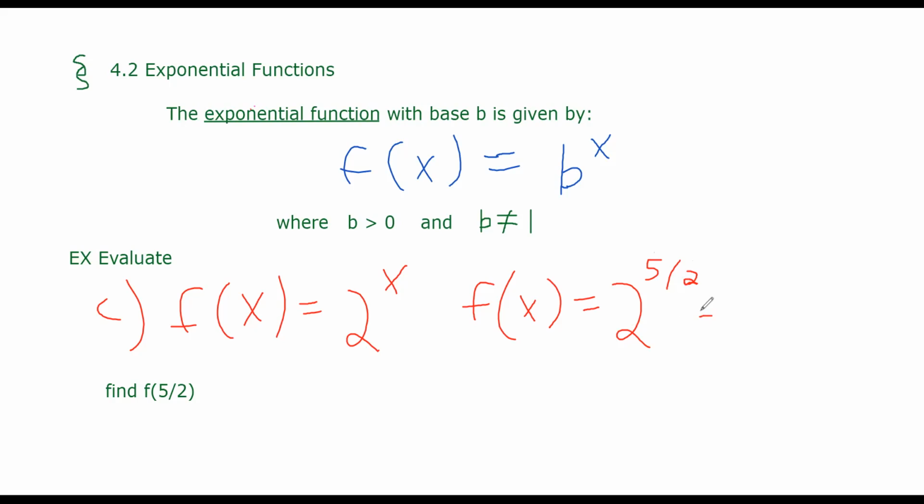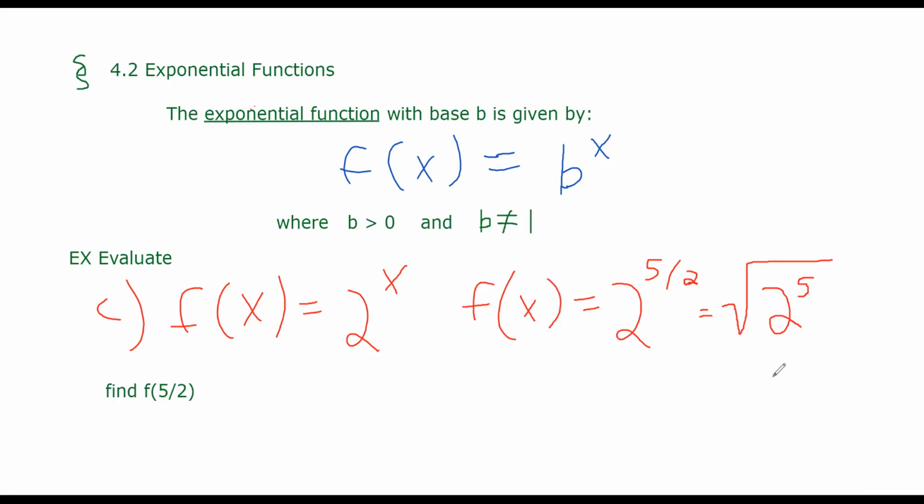So this can be rewritten as the square root of 2 to the 5th power. And remember, when you're taking a square root, you don't need to write the 2 on that perch there, but I just wanted you to see this 2 would have been the perch here. If this was 5/3 power, you'd be taking the cube root. If this is the 5/4 power, you'd be taking the 4th root here. But when you're taking a second root, you don't need to write the 2 there.